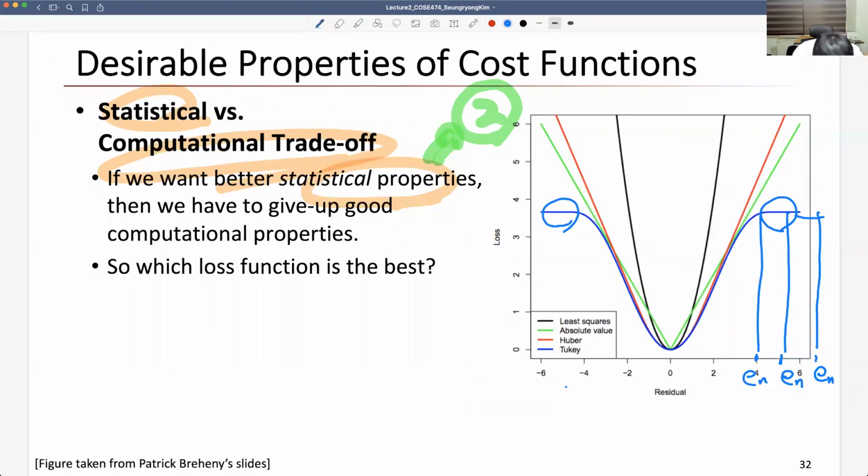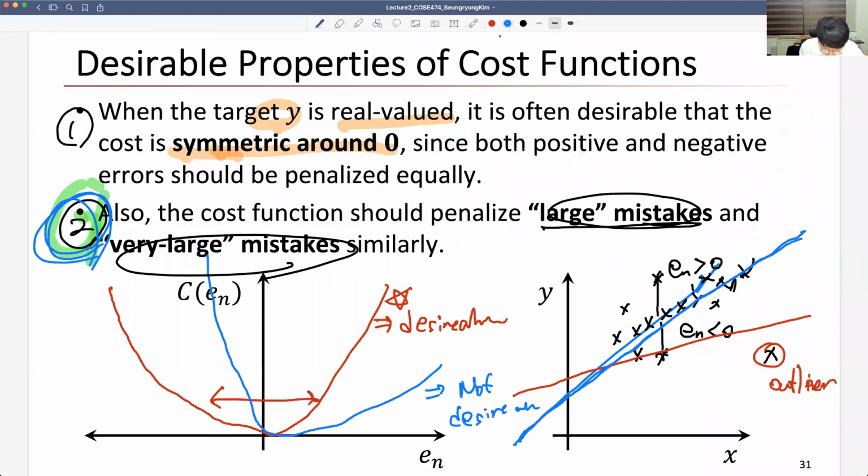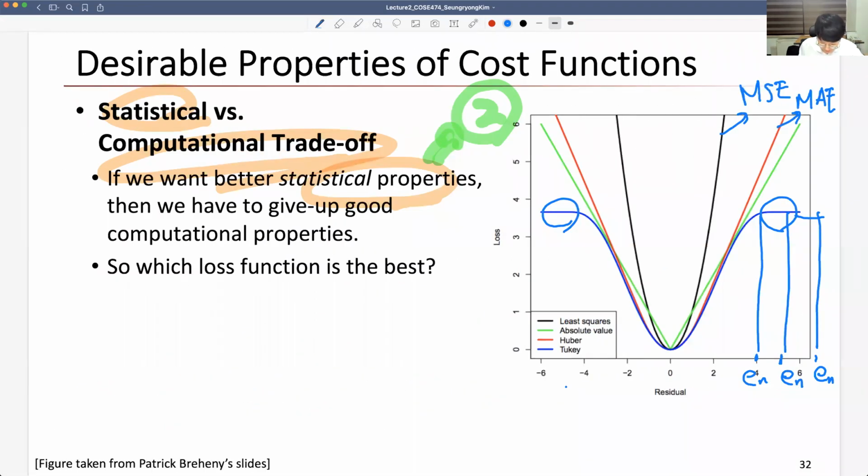But when you think about MSE and MAE, MAE we discussed previously, the cost curve looks like this, right? So, by the way, in this case, this is the error, and this is the cost of the error, right?